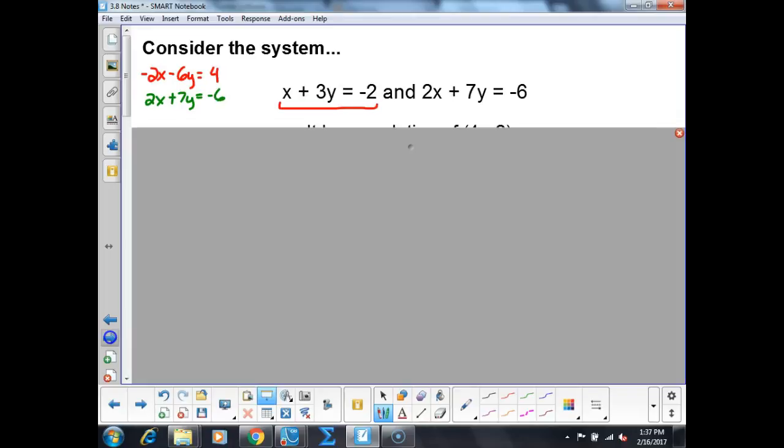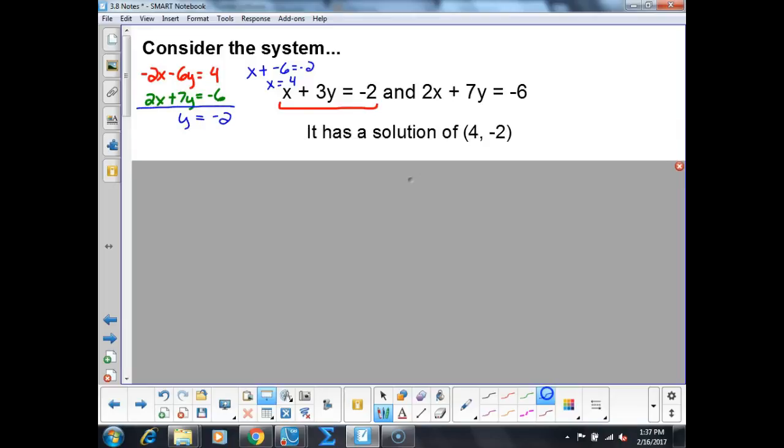And that's going to give me y equals -2. If I plug -2 back into this equation, then I would get x plus -6 equals -2, so then x would be 4. So the solution to that system is the point 4, -2.